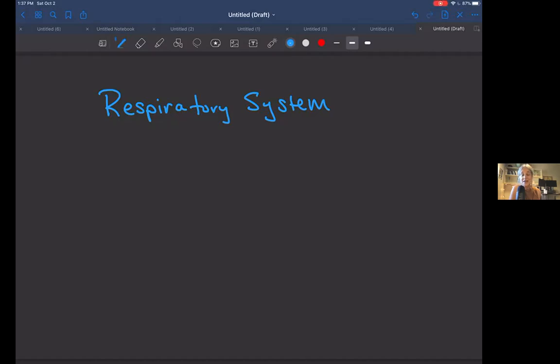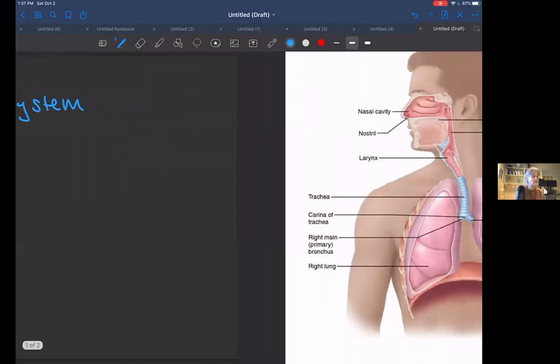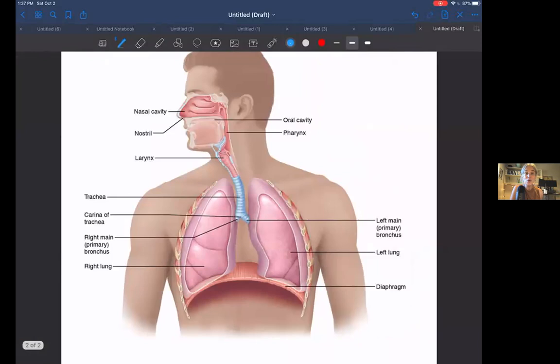When we look at the system, there are other structures, other organs involved. The system allows us to first filter, to heat, and to humidify the air. If we look at the entire respiratory system, it includes the nasal cavity, which we're going to talk about in more detail.